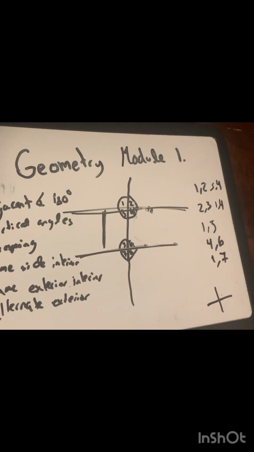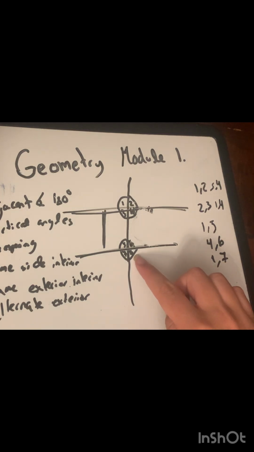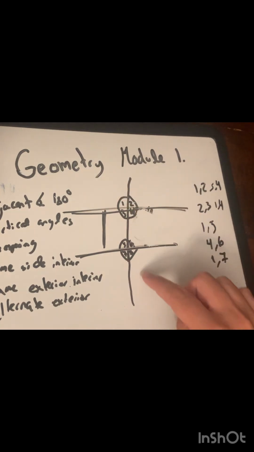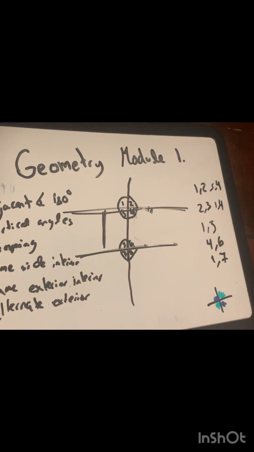Vertical angles would look like this. One on this side, one on this side. Those are the same angle. So we know they're both outside because it says exterior and they're alternates. So it would be 8 and 1. See? They're alternates. Should be 1 and 8.